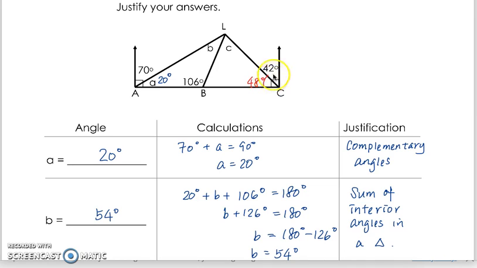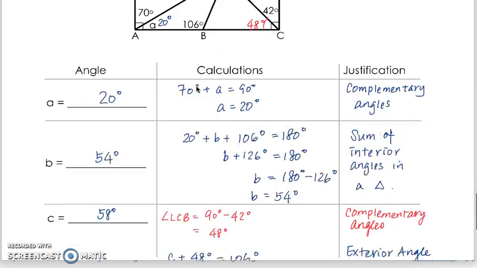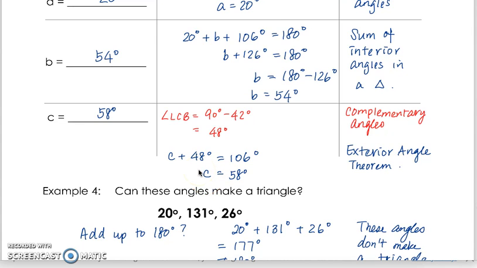So 90 take away 42 gives us this angle as 48 degrees. And then I notice when I have 48 degrees here and angle C at the top, these are the opposite interior angles from 106 degrees, the exterior angle. So I can actually use the rule for exterior angles, C plus 48 degrees equals 106 degrees, to solve for C, which is 58 degrees.